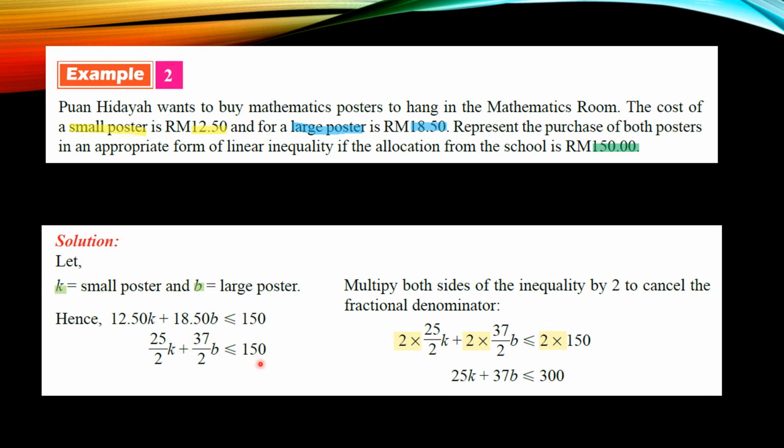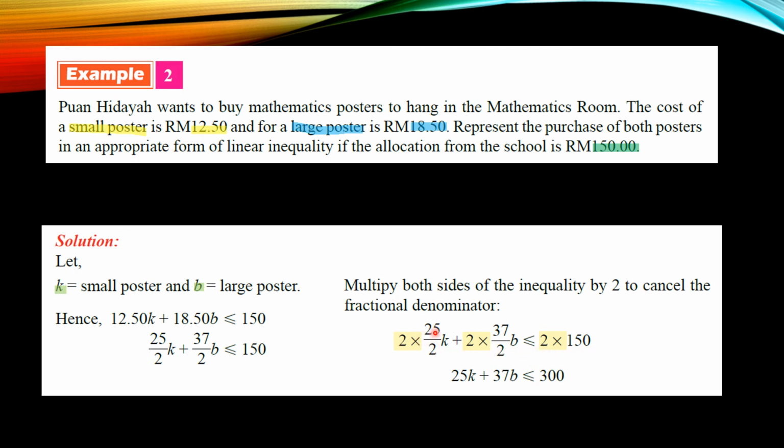Less than or equal to 150. Then they multiply the whole inequality with 2. When you multiply, you must multiply both sides. So 2 you multiply with 25 over 2K, 2 multiply with 37 over 2B, less than or equal, the other side also 150 you have to multiply with 2.